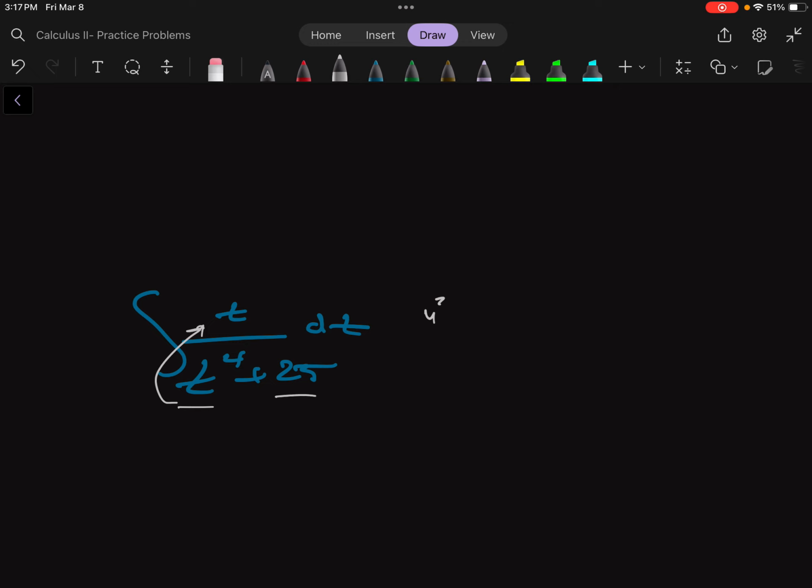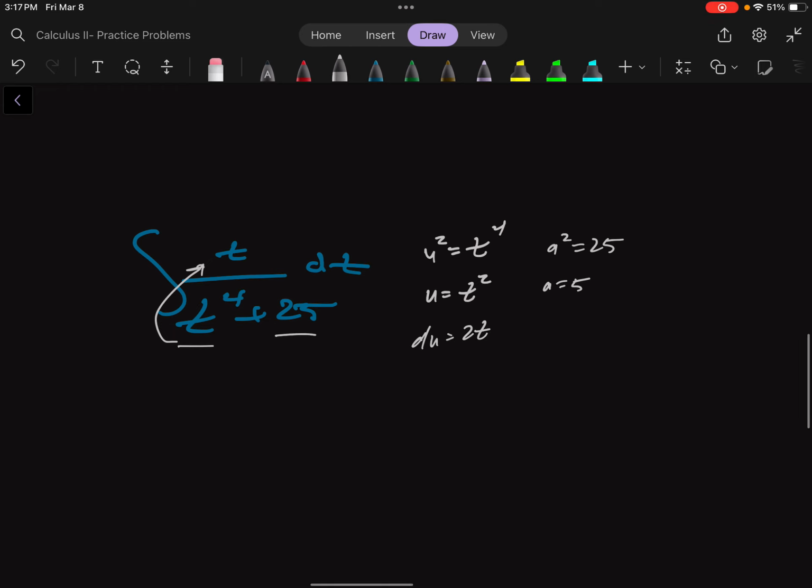We want u squared to equal t to the 4. That just means that u is t squared, which means that du is 2t. And we want a squared to be 25. That just means a is 5. So now, because our du is 2t, we want a 2 there, so we'll bring a 1/2 up front. Now we have 1/2 times the integral of du over u squared plus a squared.